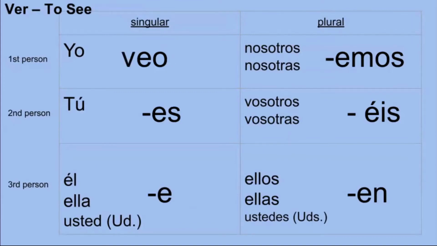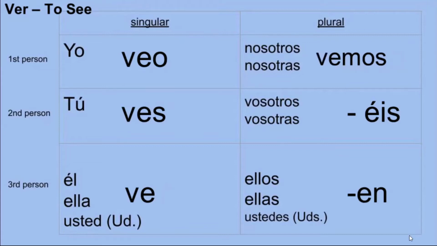So we will start with yo veo. Tú ves. Él ve. Ella ve. Usted ve. Nosotros vemos.